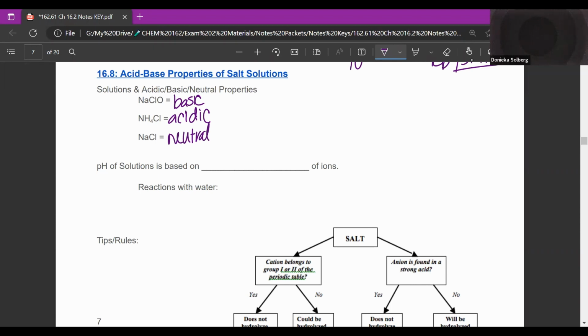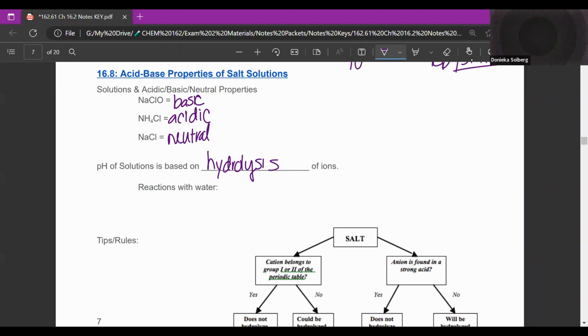Why? It has to do, like I said, with those conjugates. In order to determine if something that has an ionic compound in it is going to be acidic, basic, or neutral, we have to write what are called hydrolysis reactions. Hopefully hydrolysis reminds you of water. That means we should react with water and see what we get.